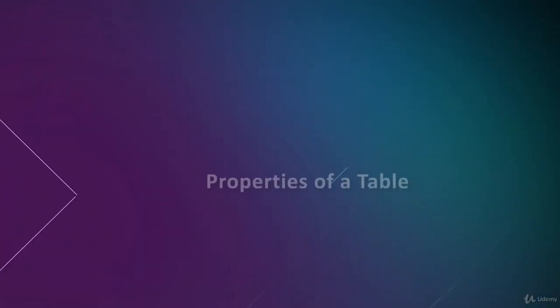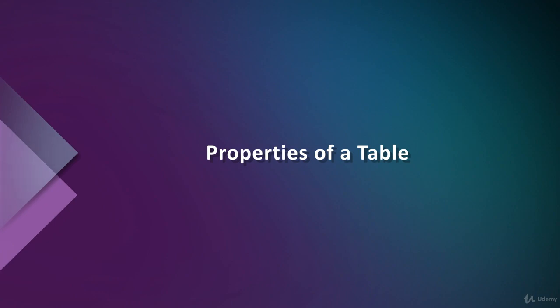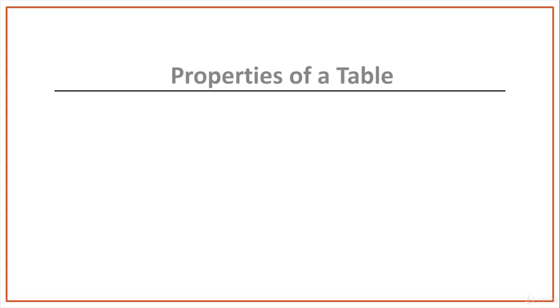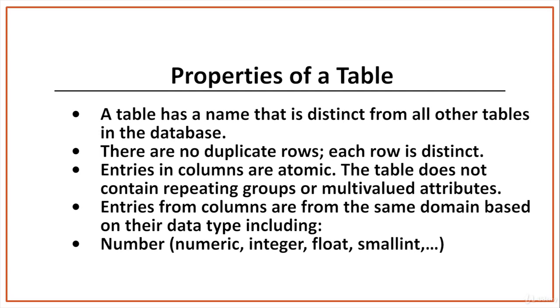Okay, now let's talk about the properties of a table. A table has a name that is distinct from all other tables in the database. There are no duplicate rows. Each row is distinct. Entries in columns are atomic. The table does not contain repeating groups or multi-valued attributes.